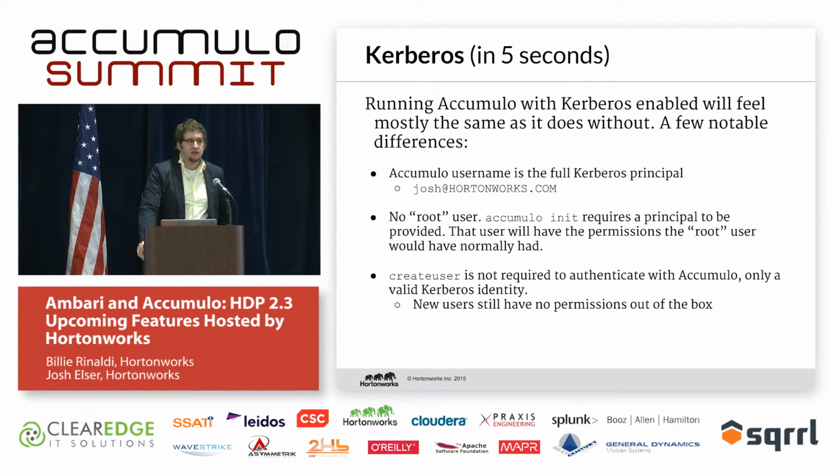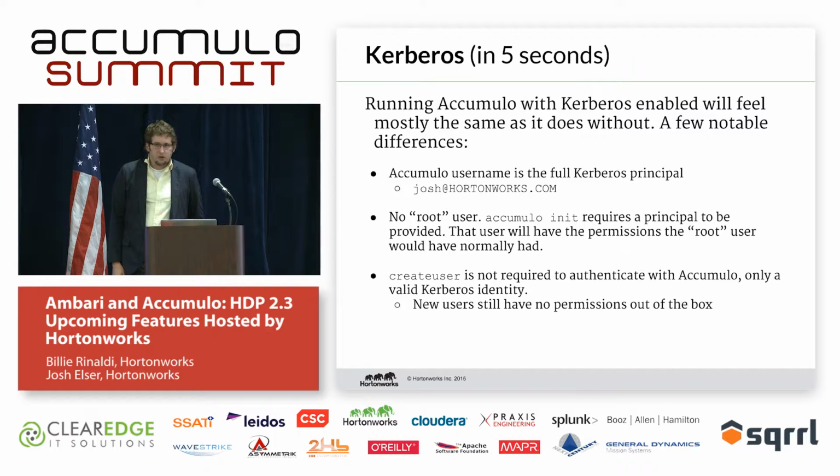One of the major tenets in Kerberos is that DNS must be set up correctly to actually validate that a host is who it says it is. In this case, Hortonworks.com is the realm, so that means the user Josh is valid in this realm, Hortonworks.com. It wouldn't be relevant in Accumulo.net, hypothetically.